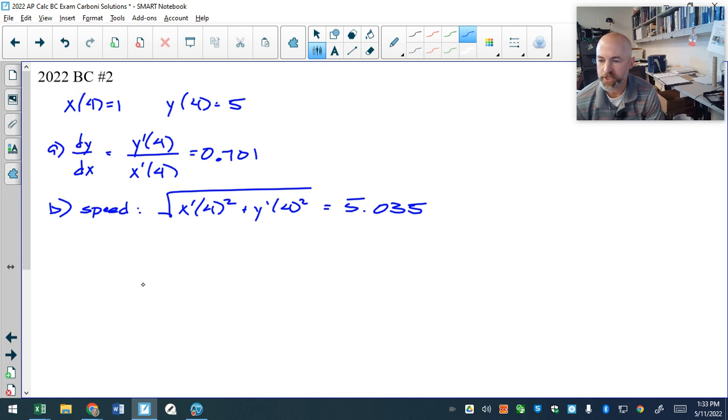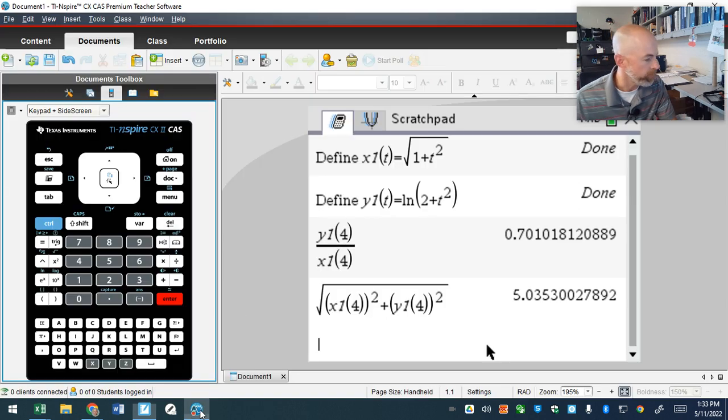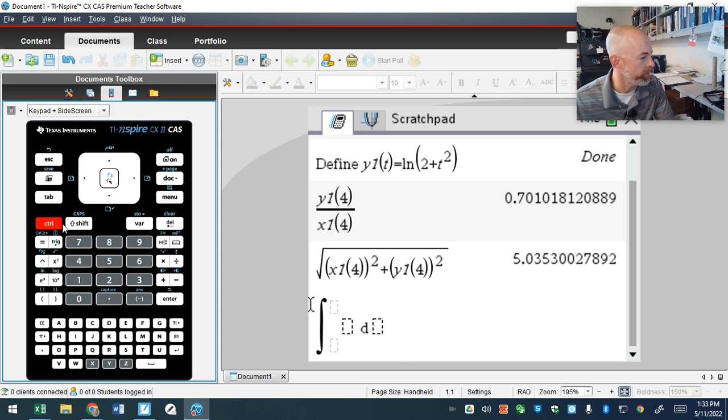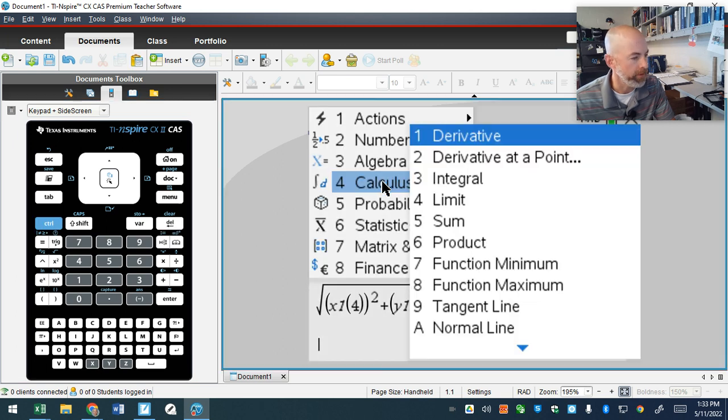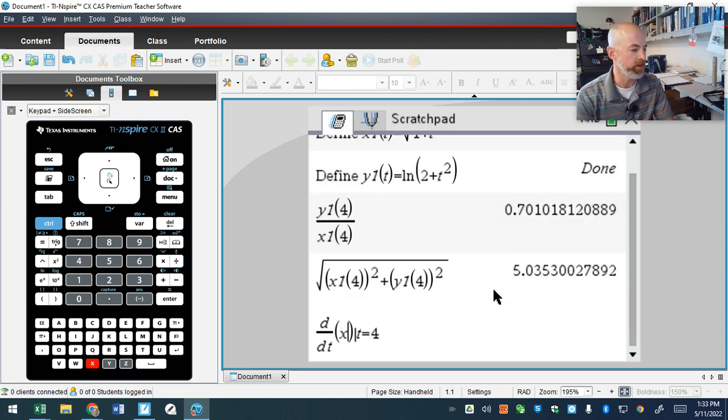And my acceleration vector would be the vector x double prime of 4 and y double prime of 4. And this is where we will use the derivative at a point command. So let me pull up my calculator. Menu, calculus, derivative at a point. I'm going to plug 4 into the first derivative of x1 of t.